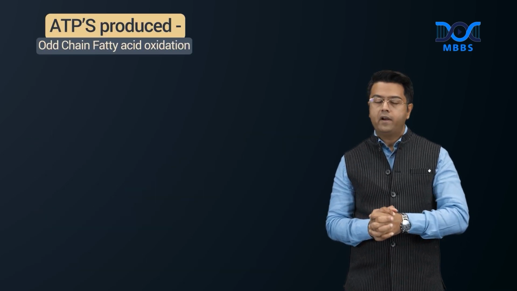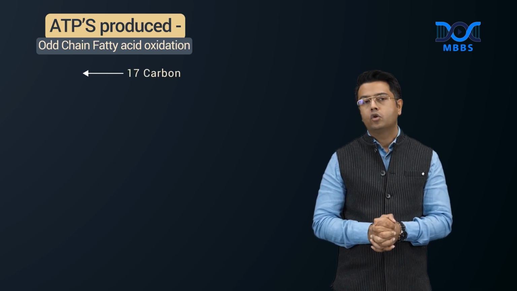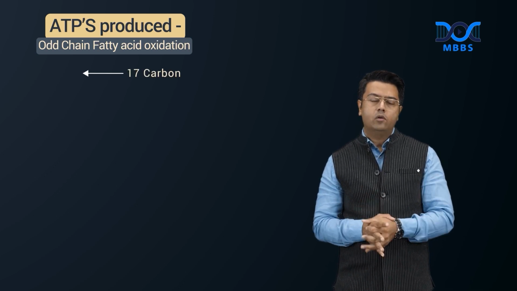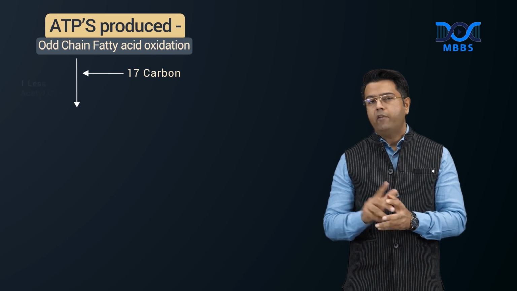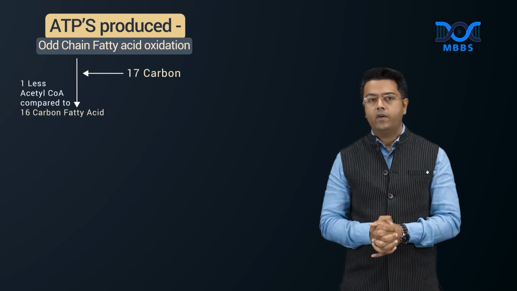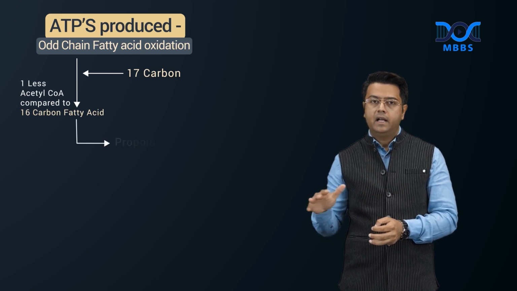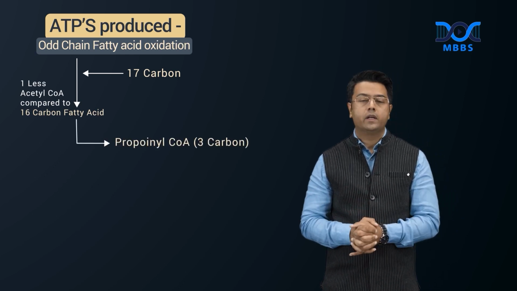How many ATPs are produced in odd chain fat oxidation? Let's say 17 carbon was given in the question. So guys, for the calculation purpose, we will be having one less acetyl-CoA compared to the 16 carbon fatty acid, right? Because 3 carbons are taken away in the form of propionyl-CoA.